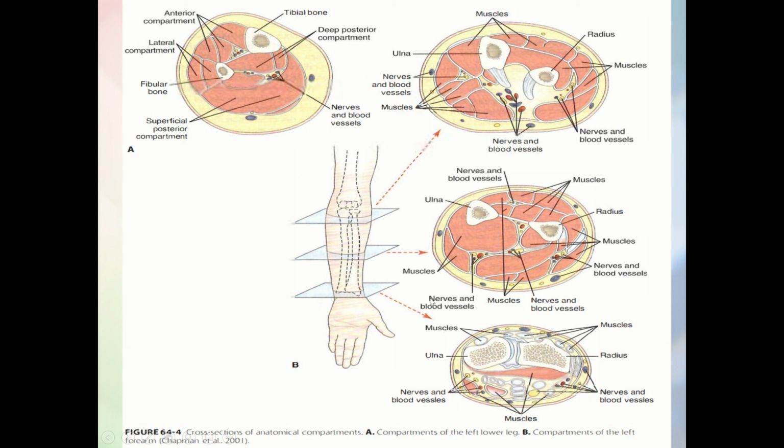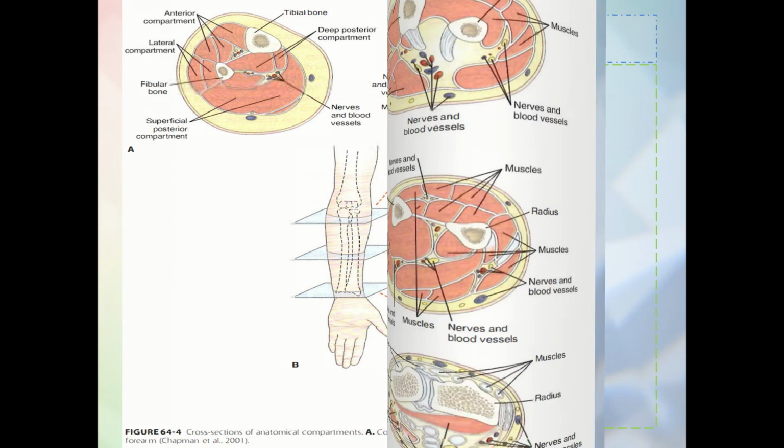Itong letter A is the compartments of the left lower leg. Ito yung left lower leg natin. Ito naman yung mga compartments. Anterior compartments, lateral compartment. So normally, again, we have compartments in our body, in our extremities.